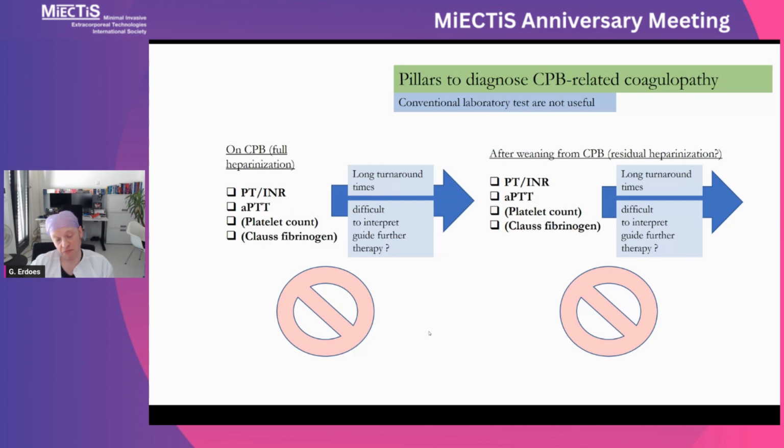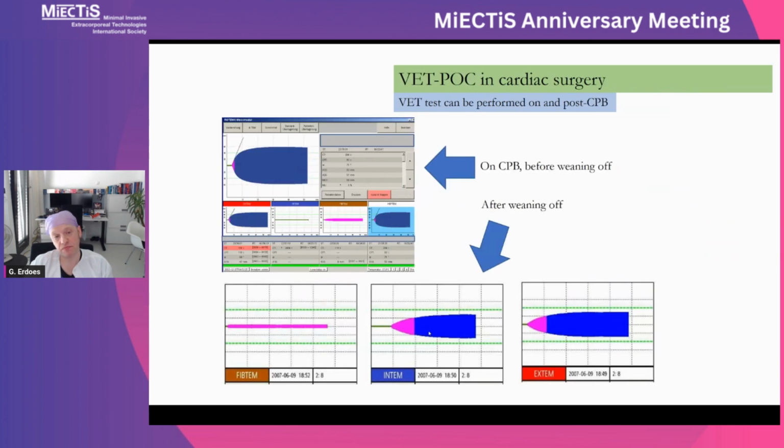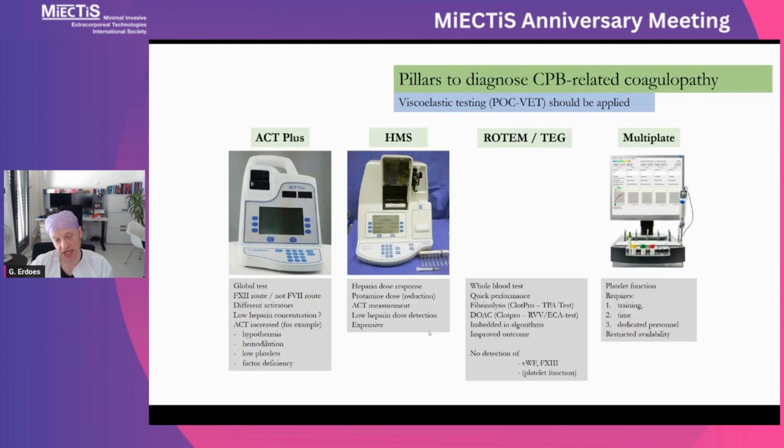All these laboratory values need a long turnaround time, and it is difficult to interpret them and to initiate a therapy only on the basis of them. On the other side, we have viscoelastic point-of-care tests, and they are very easy to obtain, and they are mostly implemented in guidelines. But I will show you that in detail.